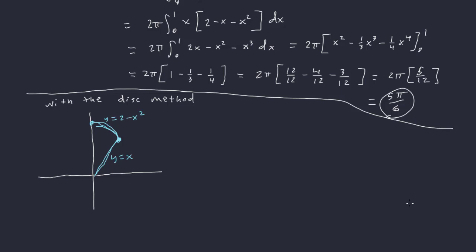Alright, if we actually tried this with the disk method, I do want to show it, just to show that it's not wrong to use the disk method here. It's just trickier, because we would have to get this in terms of y.